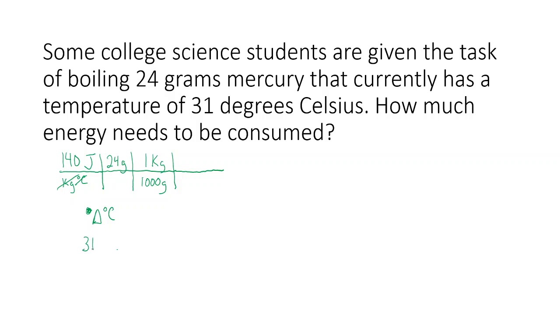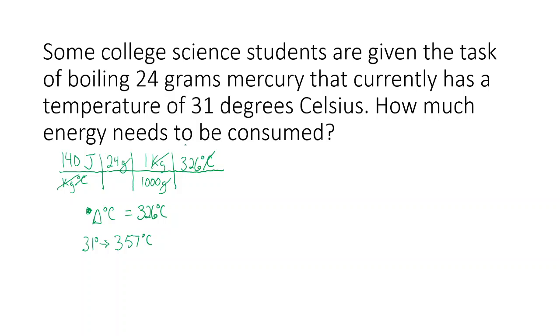To go from 31 degrees to 357, I believe it was 357 degrees Celsius. 357 minus 31 equals 326 degrees Celsius. So degrees Celsius cancel, my grams cancel, my kilograms cancel.